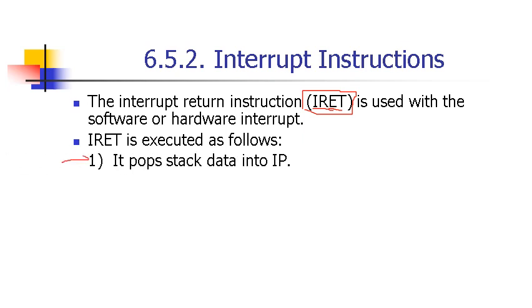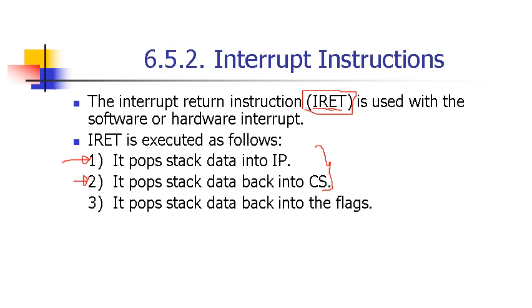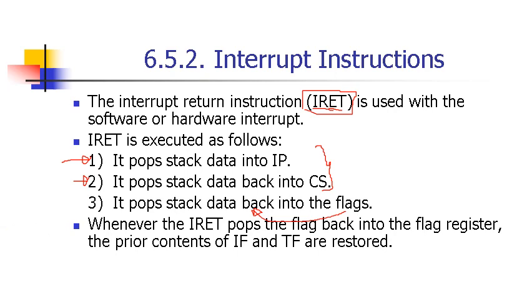So it pops your IP from the stack, your CS from the stack, so it knows where to go in your main code, and the flags are now returned back to their flag registers. And the values of your IF and TF are restored.